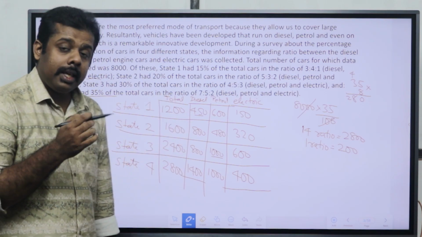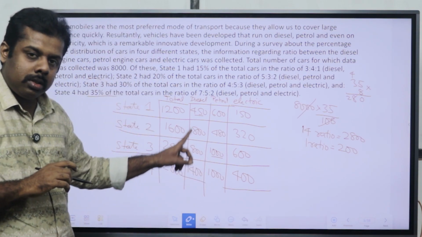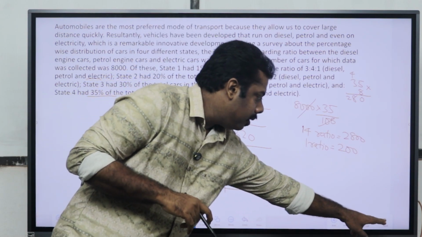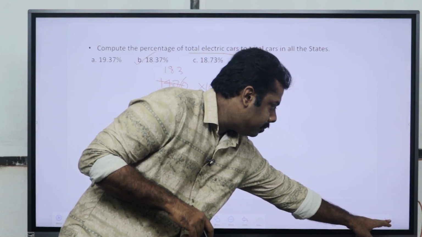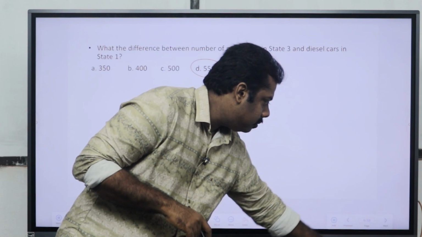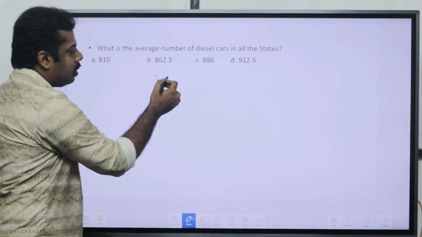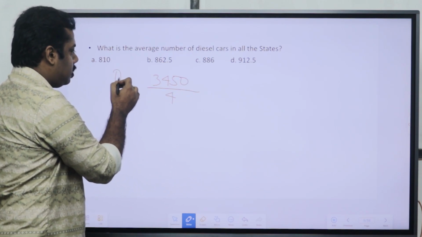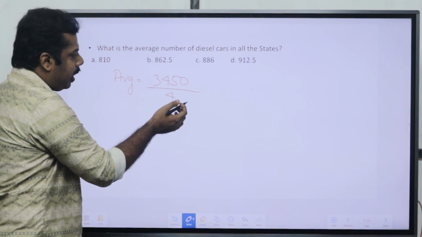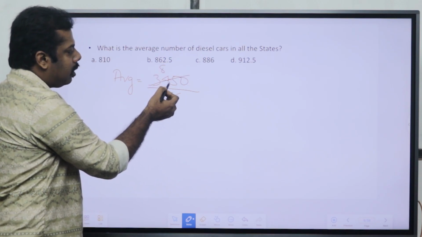Now taking the average of that, 3450 divided by 4, since we have taken 4 data. Just dividing it, 4 8s are 32. The remainder is going to give us 2.